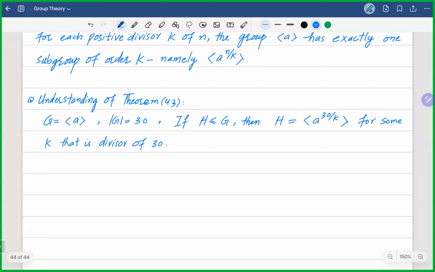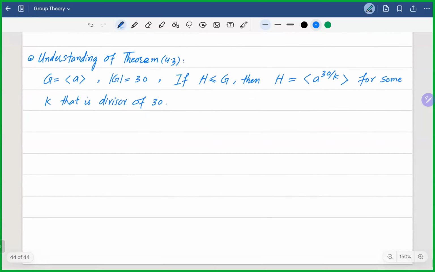The third part of the theorem says G has one subgroup of each of these orders. Now, if you write the divisors of 30, the divisors of 30 are 1, 2, 3, 5, 6, 10, 15, and 30 itself.